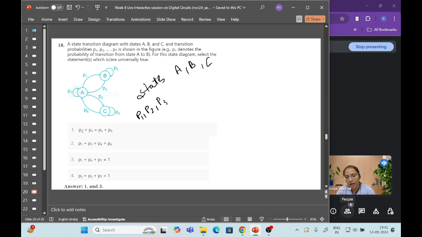From a state A, the outgoing transition probabilities sum to 1. So check for every state.